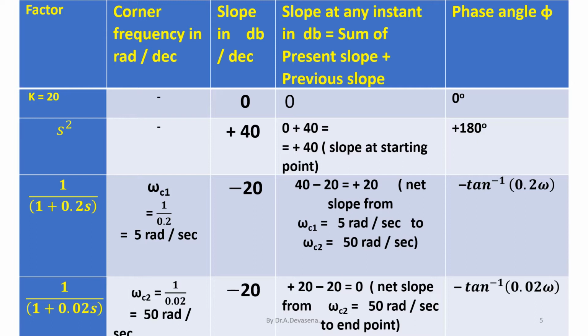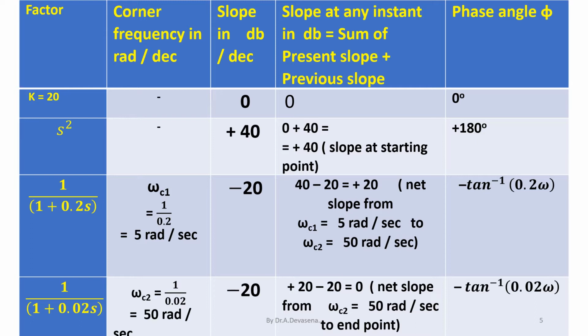Now we determine the third factor, 1 divided by 1 plus 0.2s. For this, we have a corner frequency. So omega c1 is equal to 1 divided by 0.2, that is the coefficient of s term, T. Here we have 0.2, so omega c1 is equal to 1 by 0.2, that is 5 radians per second.